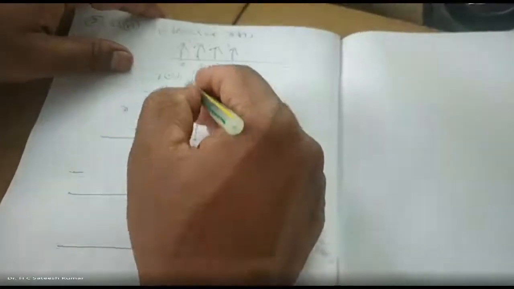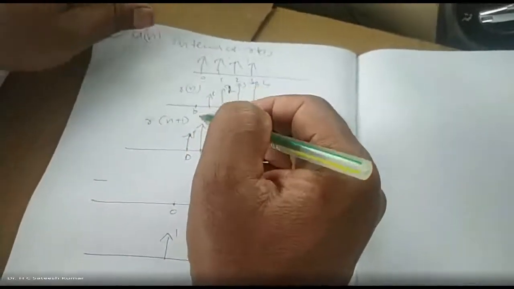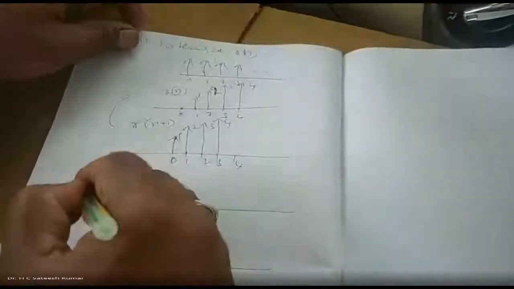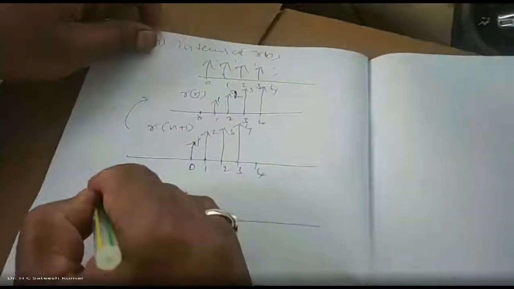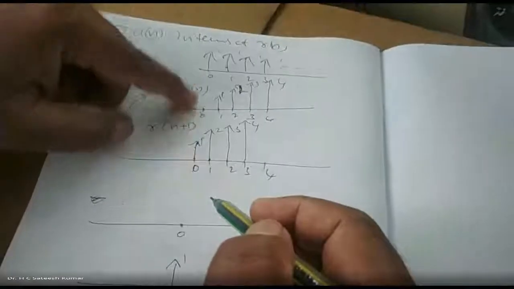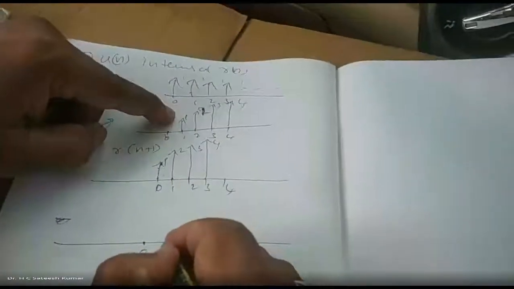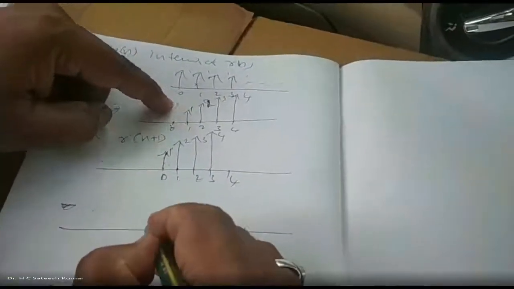Okay, right. Now it's not like that. From here to here, you should do it. Now, what you should do? 1 minus 0 is 1. 2 minus 1 is 1.